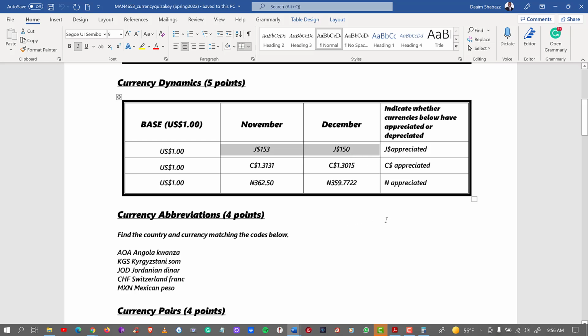The way you look at this quote is comparing not the Jamaican dollars with each other, but you're comparing its relation to the dollar in both periods. So you're comparing this quote with the dollar versus this quote.